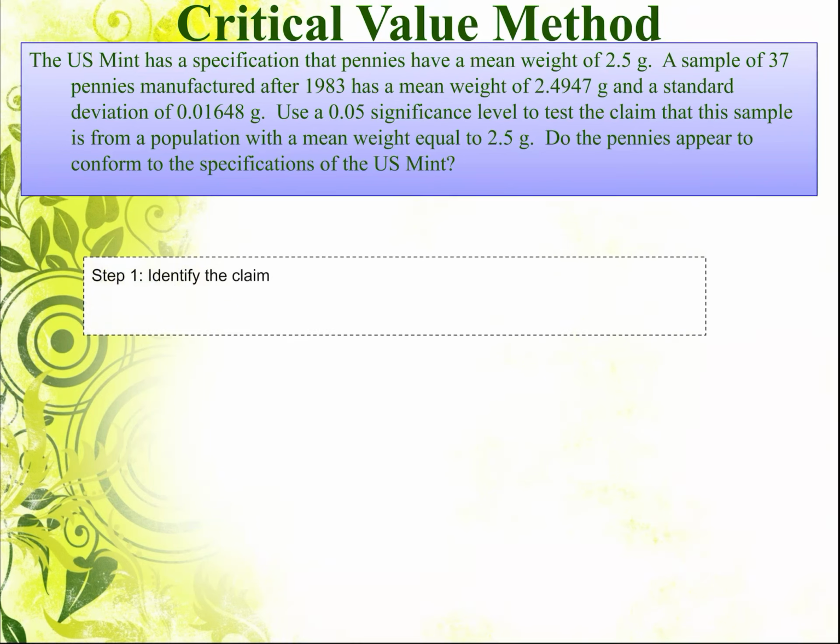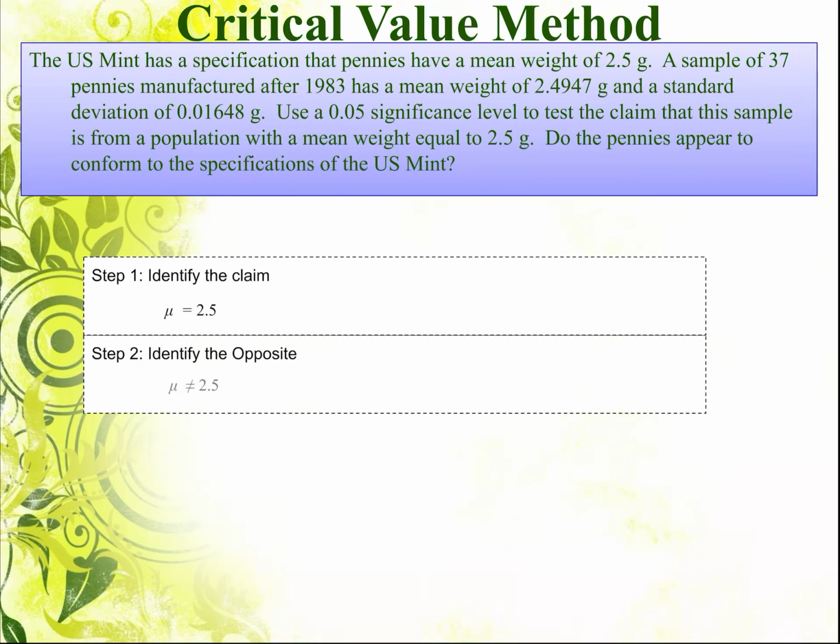Just like in the last section with proportions, first let's identify the claim. The claim is that the mean weight of the pennies is equal to 2.5 grams. Notice we're using means here for mu, no more proportions. The opposite of that claim is that the mean is not equal to 2.5.